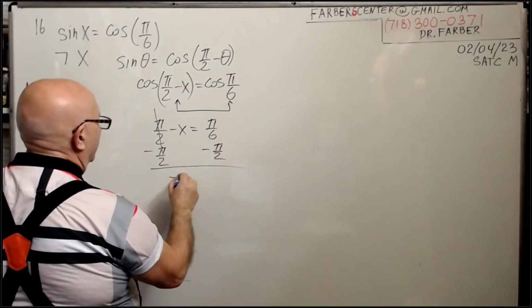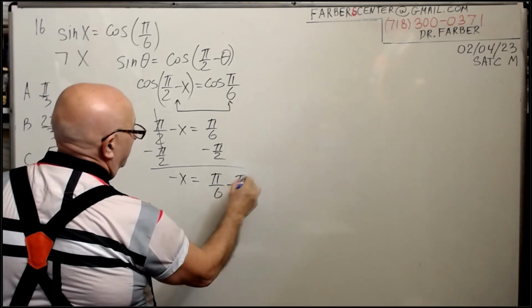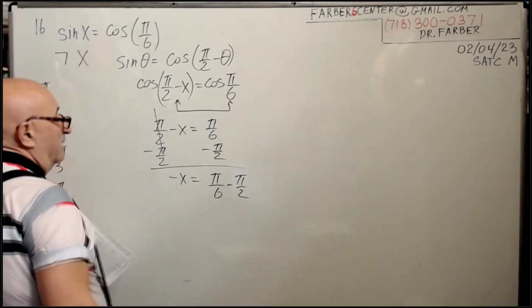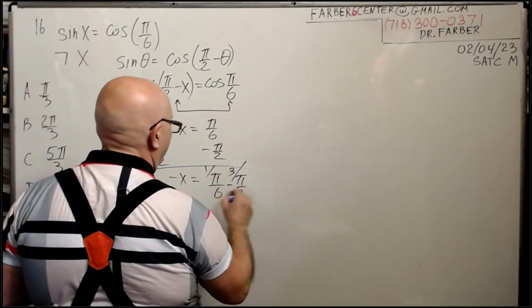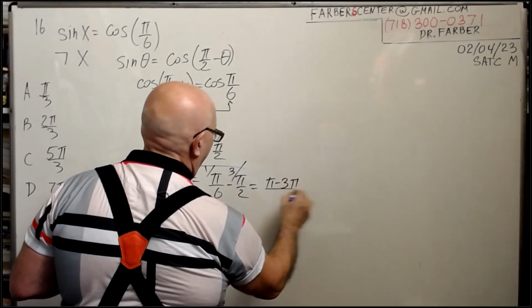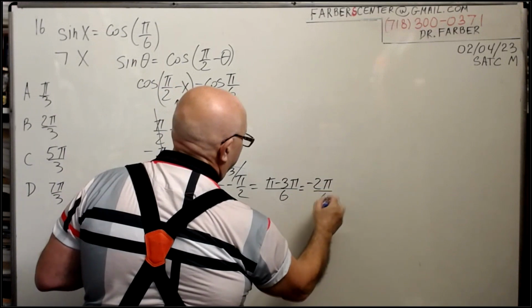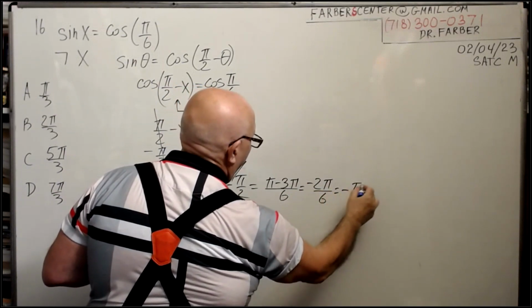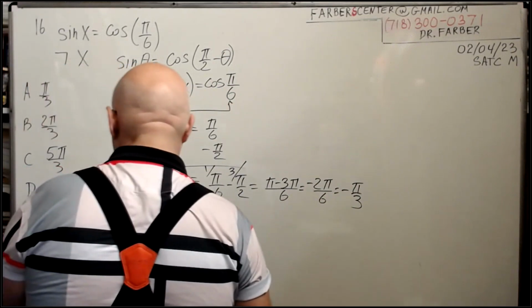Cross it out, negative x equals pi over 6 minus pi over 2. LCD is 6. This is 3, this is 1. It would be pi minus 3 pi over 6, which is negative 2 pi over 6, which is negative pi over 3. Okay.